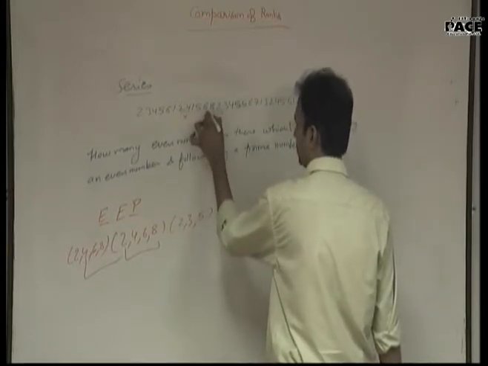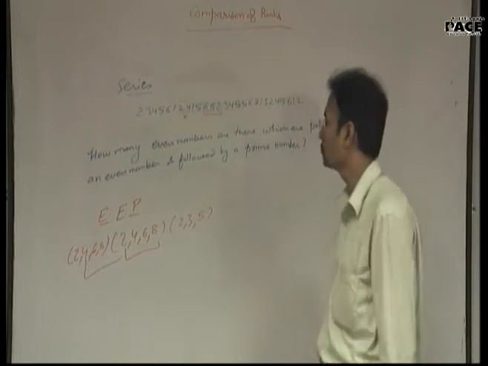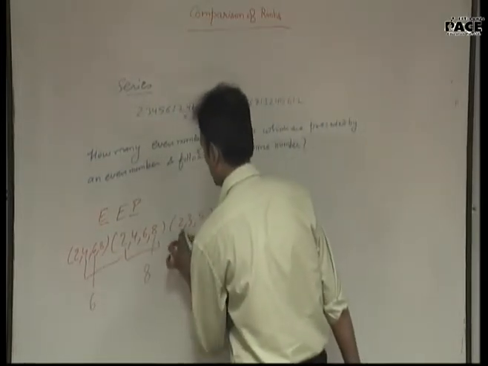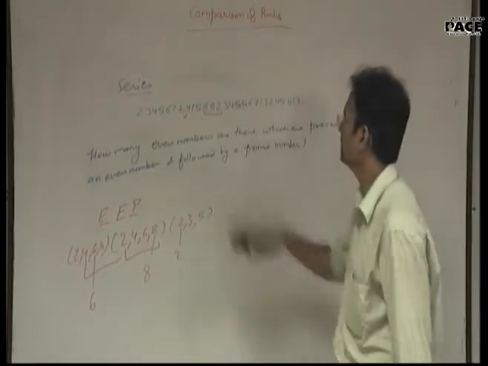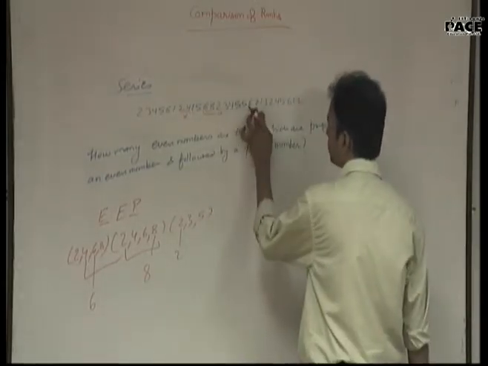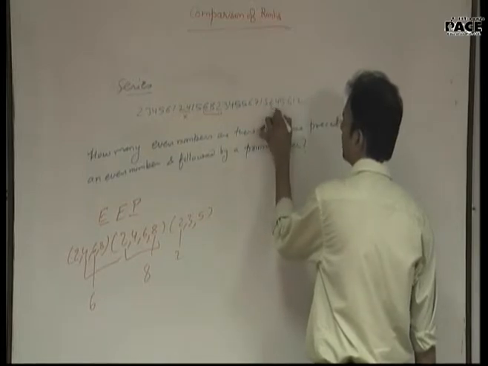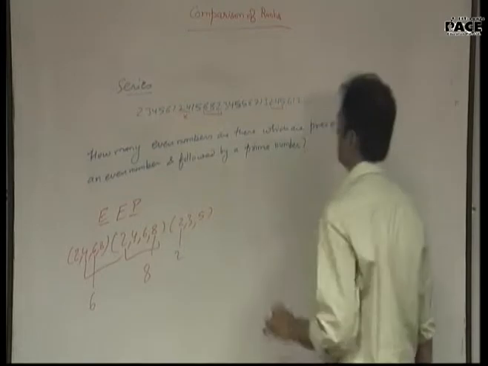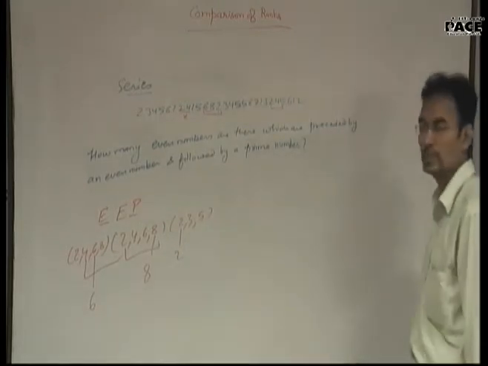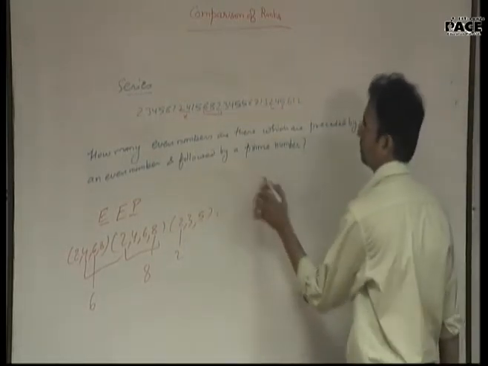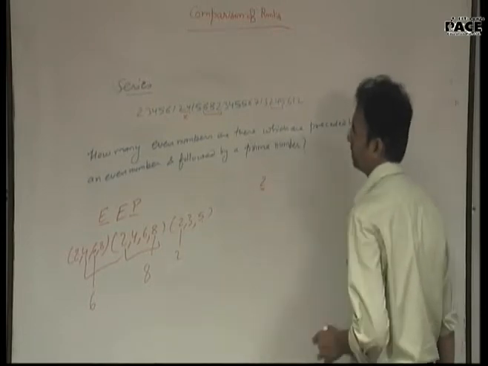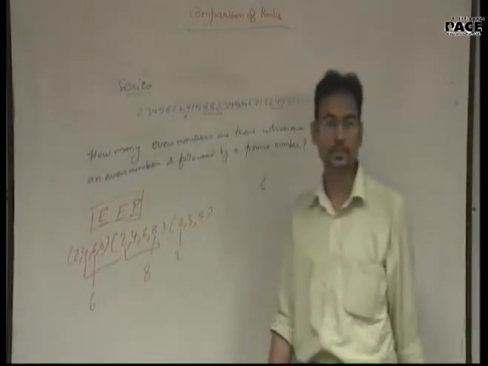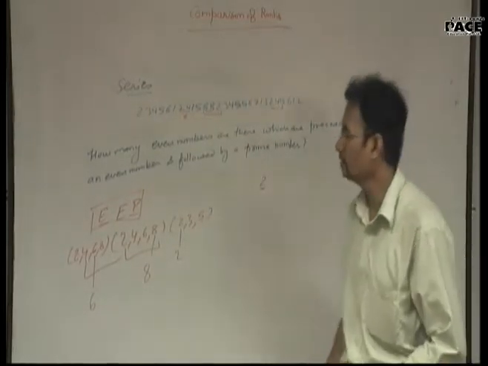Yes, two even numbers and followed by a prime number which is 2. So 6, 8, 2 is one possibility here. Again, two even numbers, 2, 4 and 5. 2 from here, 4 from here, 5 from here. So two such groups are there which follow this pattern. Even number and prime.